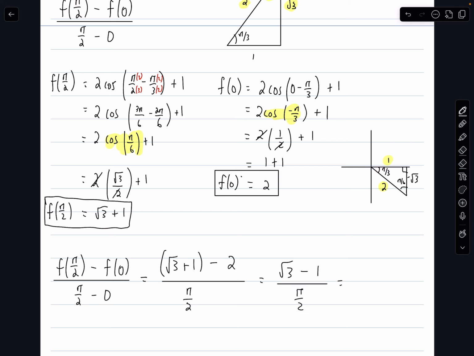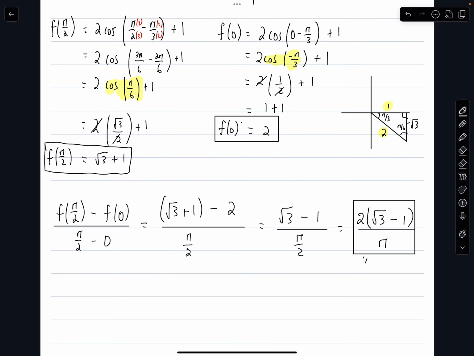And then from here, we can multiply the 2 up, so we'll have root 3 minus 1 all over pi. And this right here, guys, is your average rate of change. This is your AROC. And there you have it.